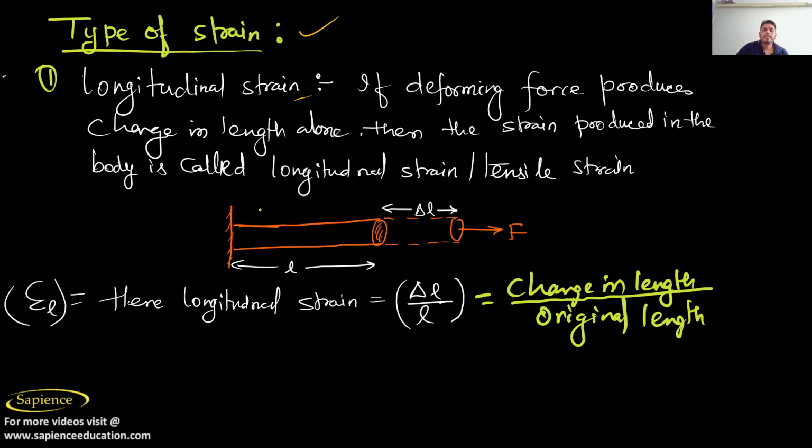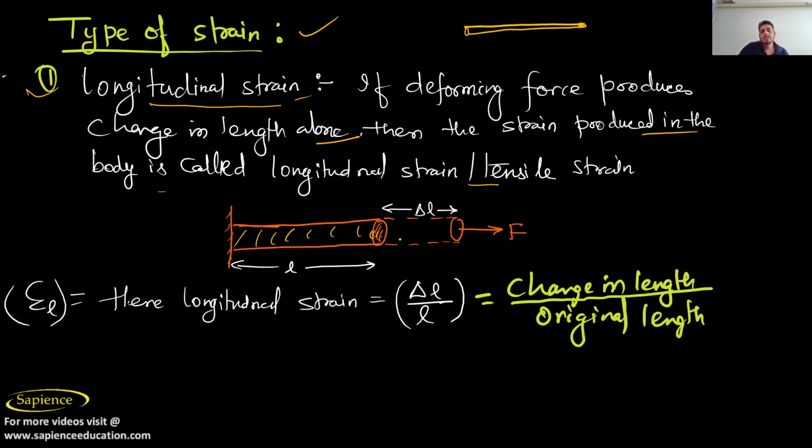Longitudinal strain. First of all, the first type of strain is your longitudinal strain. If the deforming force produces change in length alone, then the strain produced in the body is called longitudinal strain. If you are applying a force on this object, see here, I have drawn this diagram.